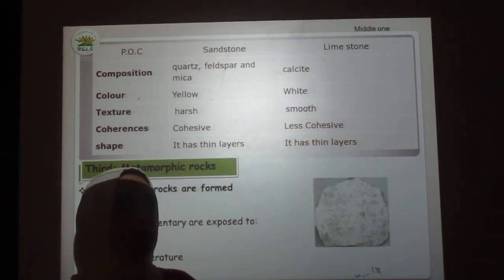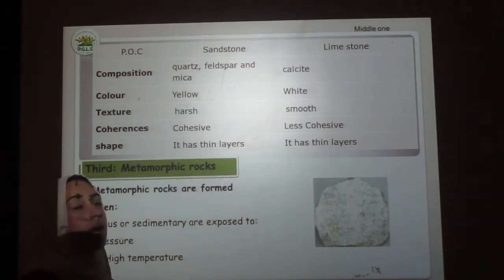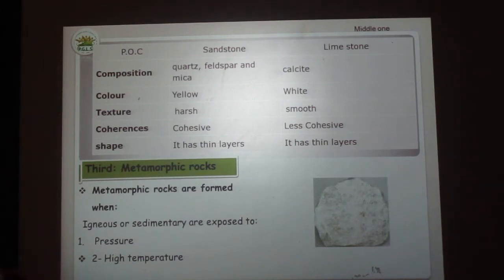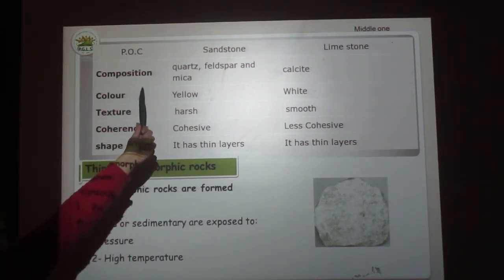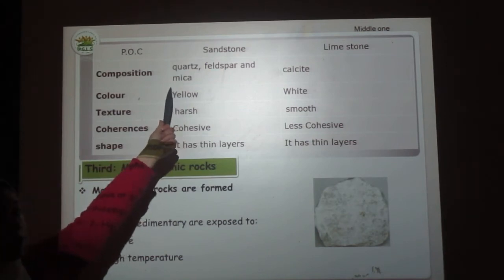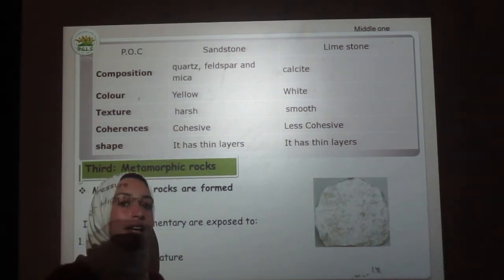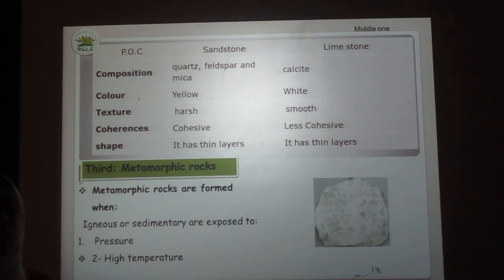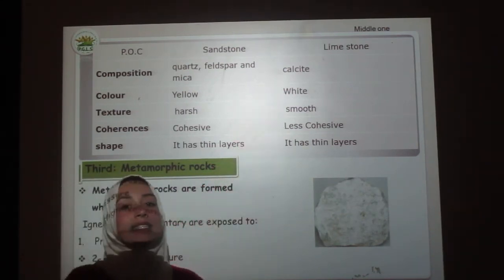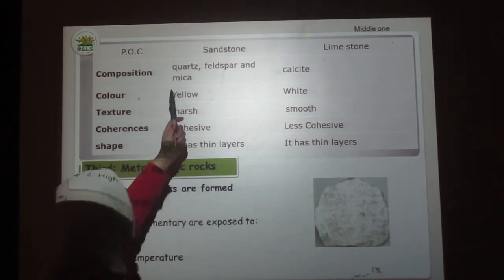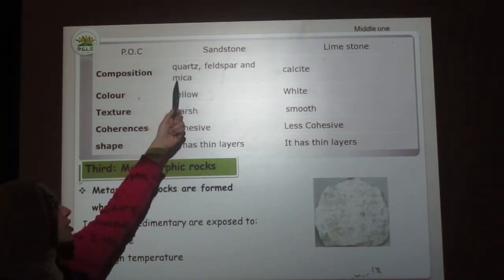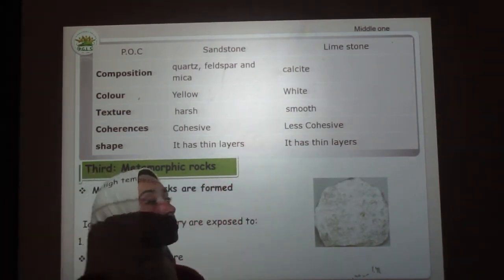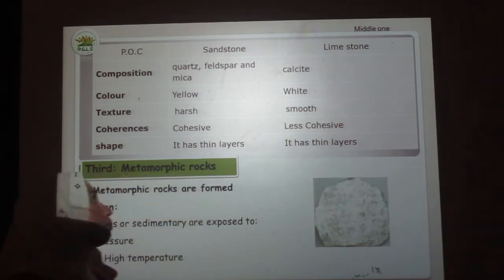If you make a comparison between sandstone and limestone, the first one, composition: sandstone consists of quartz, feldspar, and mica. Yes, exactly, it is like the granite formation. While limestone consists of only one mineral, which is calcite. Again, sandstone consists of quartz, feldspar, and mica, while limestone consists of calcite.